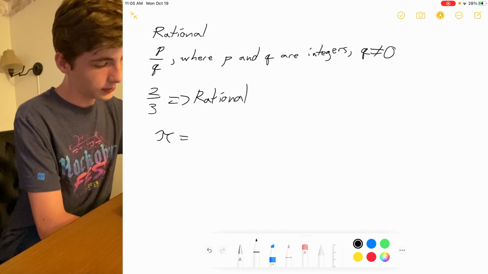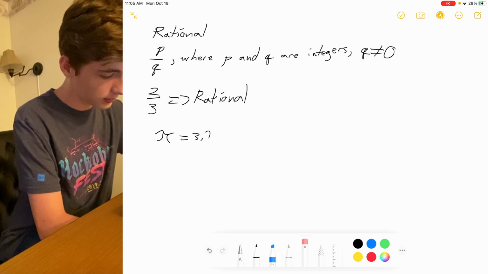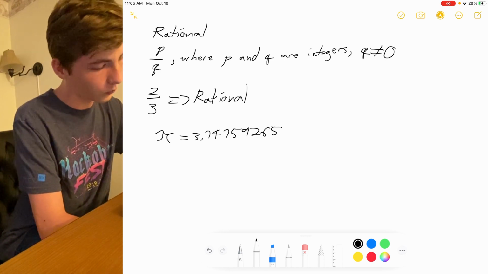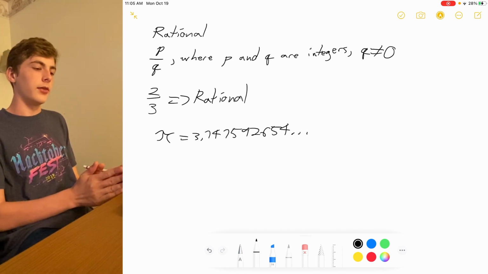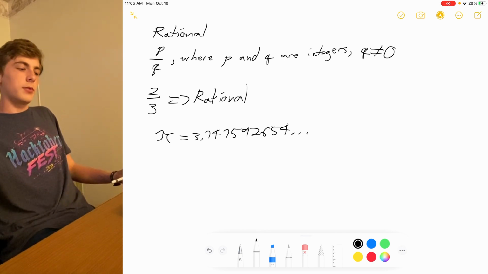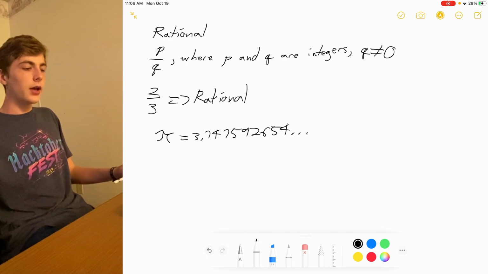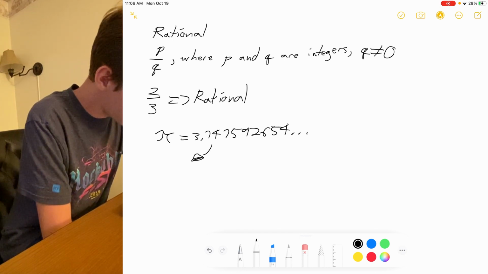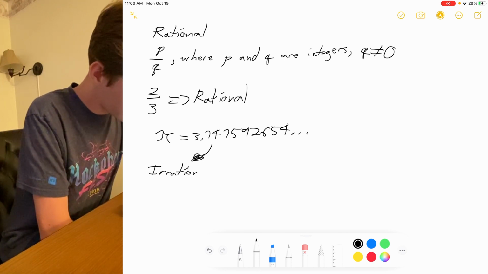That is 3.14159265, and the thing that's special about pi is that these numbers don't repeat and they go on forever. What that means is we can't write it as a fraction. And so this belongs to a set of numbers called the irrational numbers. Very creative naming, right?